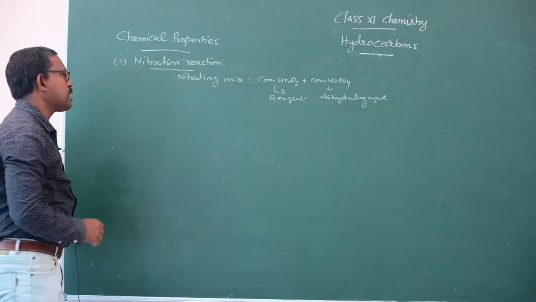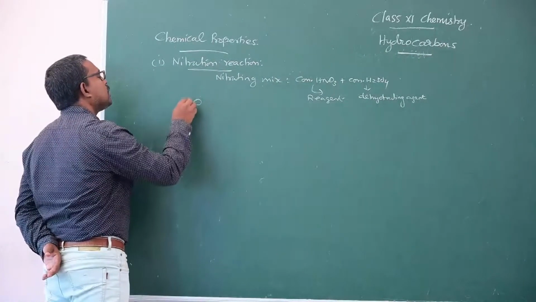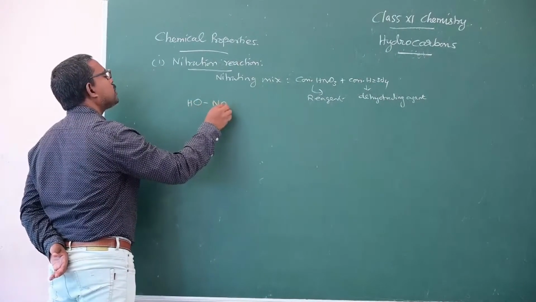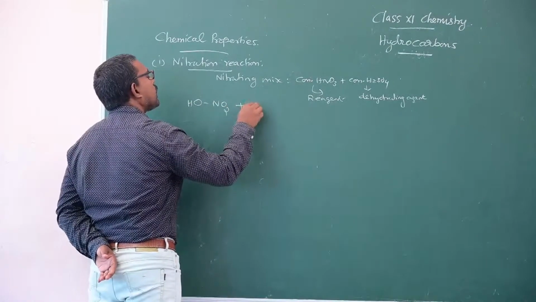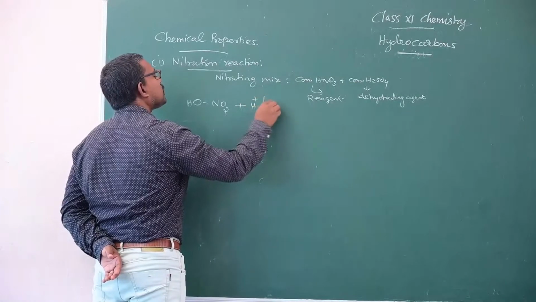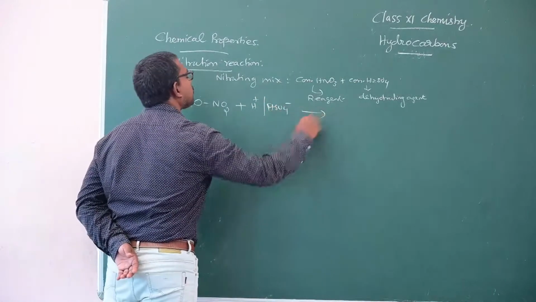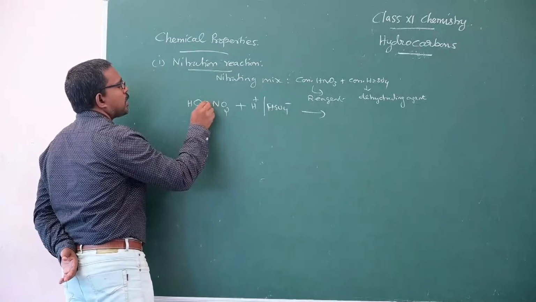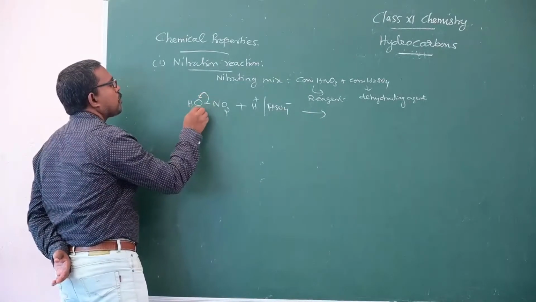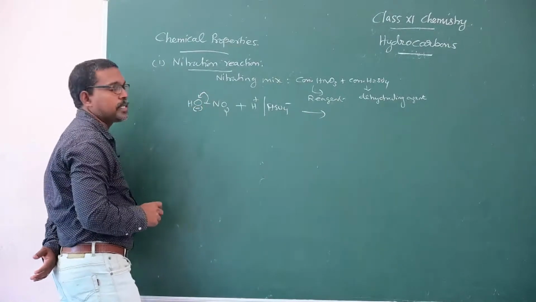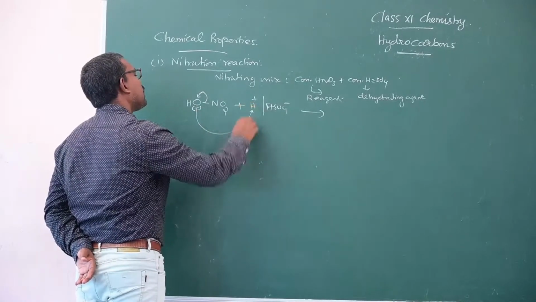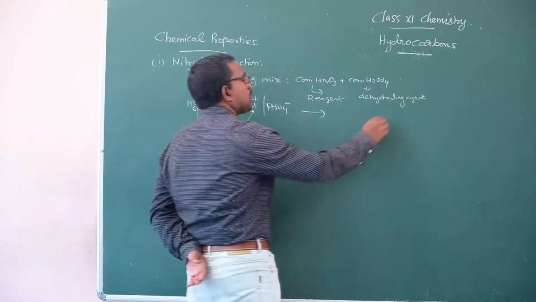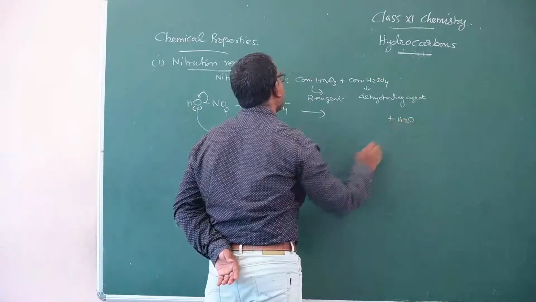Nitric acid is written like this, HO-NO2, and H+ HSO4-. So this bond is shifted towards the OH group, OH acquiring a negative charge. The negative charge abstracts the proton of sulfuric acid, so it is removed in the form of water.